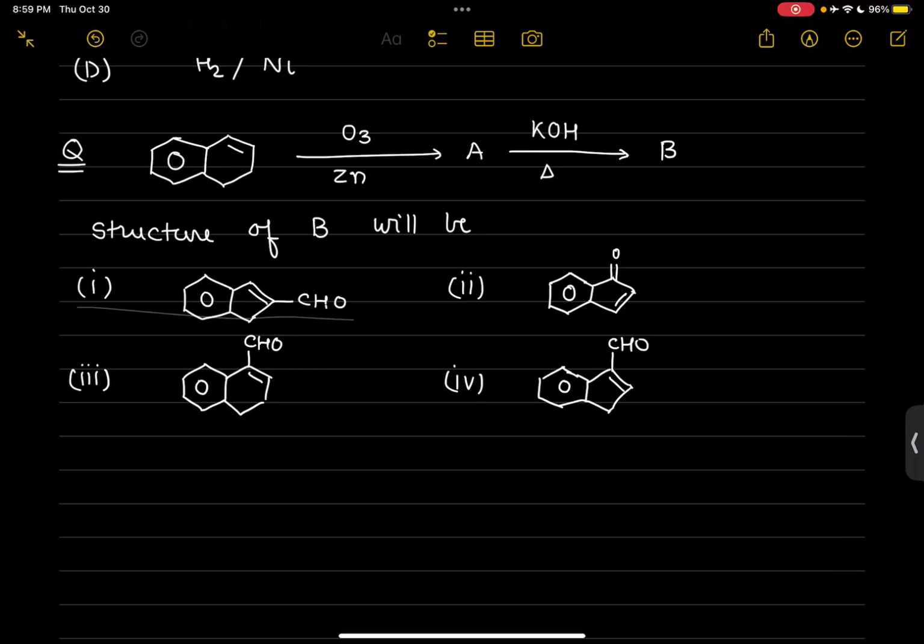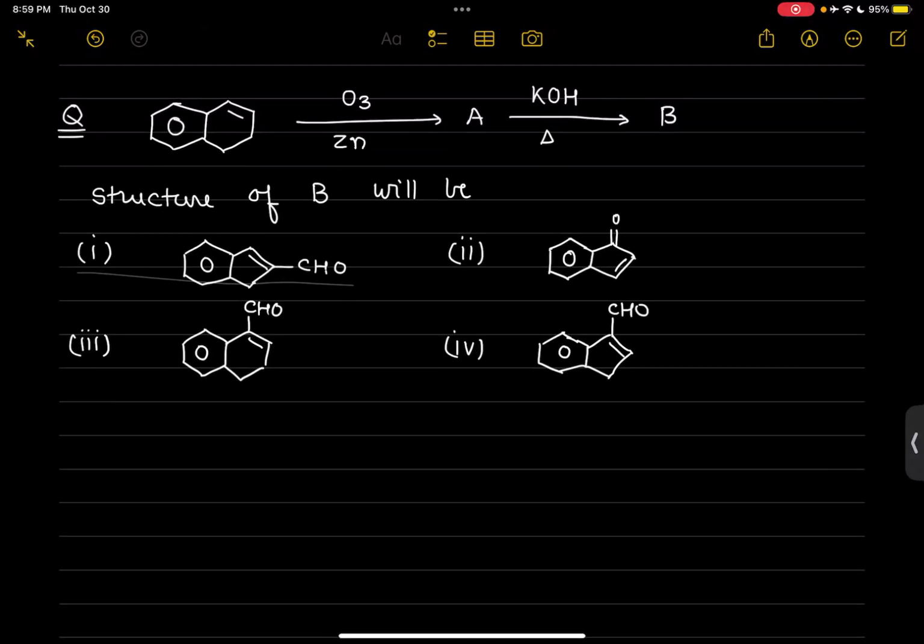So which of the following is the correct answer to this problem? All of them may look very similar because they are very close to each other.